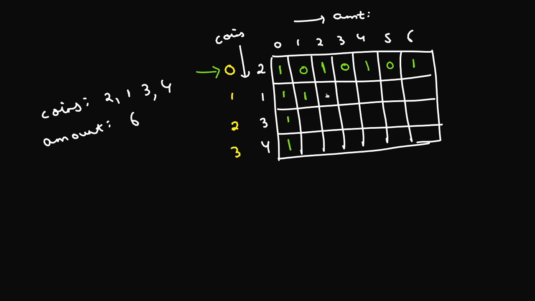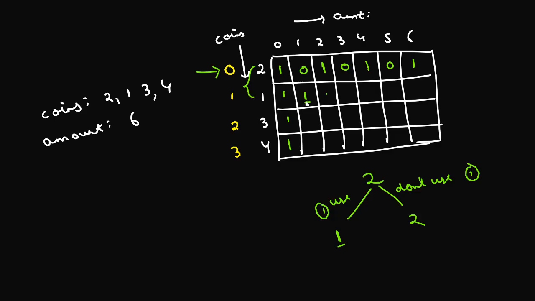I am at this particular location and I again have two choices. I have to create an amount of 2. I have two choices, whether to use 1 or not to use 1. If I use a 1, the amount that's remaining is 1. And if I don't use this coin 1, the amount that's remaining is 2. If I use 1, the amount remaining is 2, and I can still use both of these coins 2 and 1.